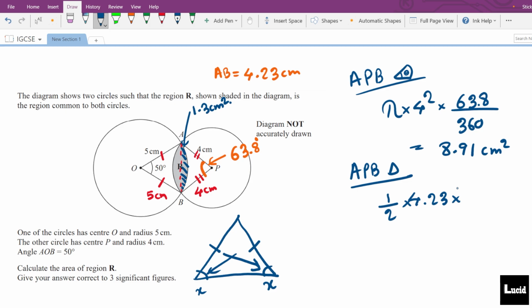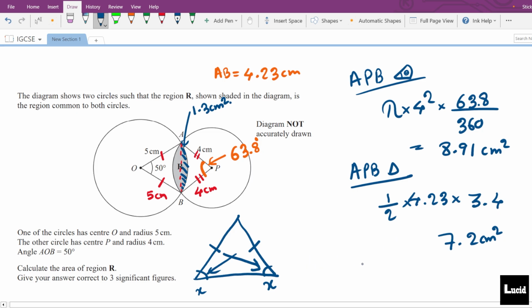The height is 3.4, and when you simplify this you get 7.2. Again, now you subtract 7.2 from 8.91, which gives you 1.71 centimeters squared, and that is this region.